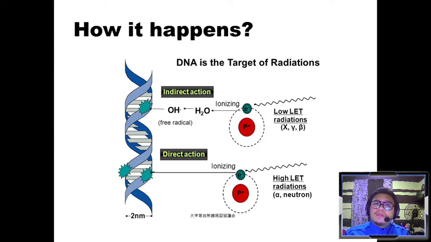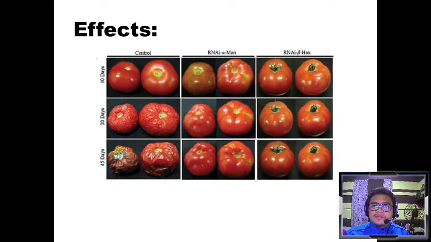And once this happens, it could result in a change in the characteristics of the fruits and vegetables. Like for example, this picture here shows us a control group of tomatoes that is not exposed to radiation for mutagenesis versus genetically modified tomatoes.